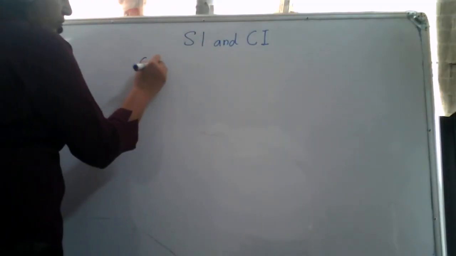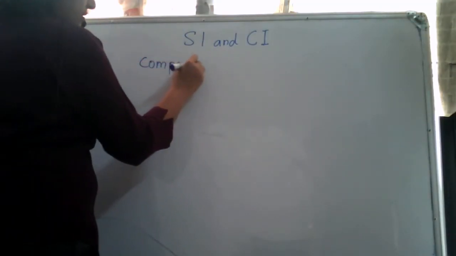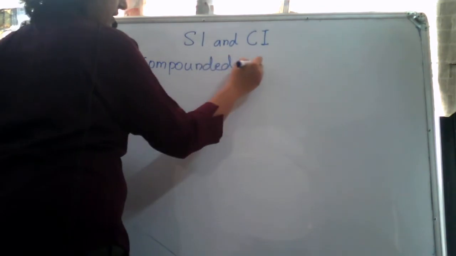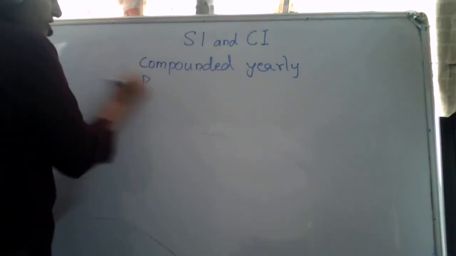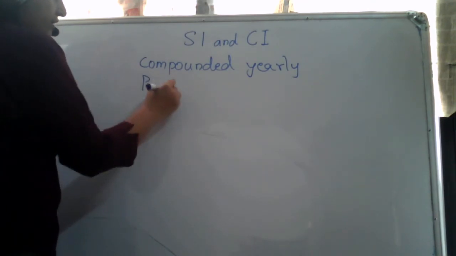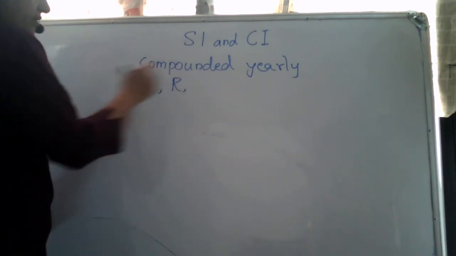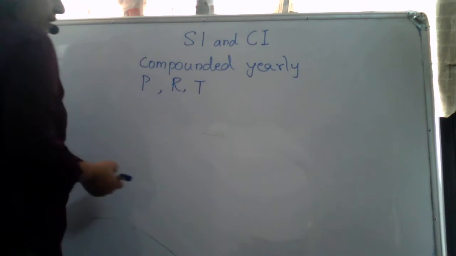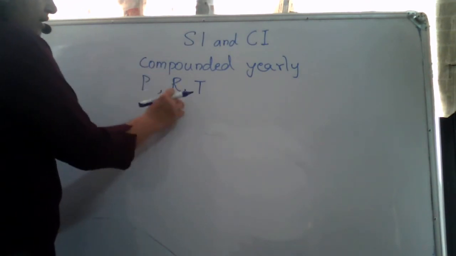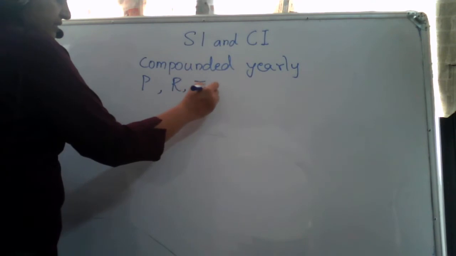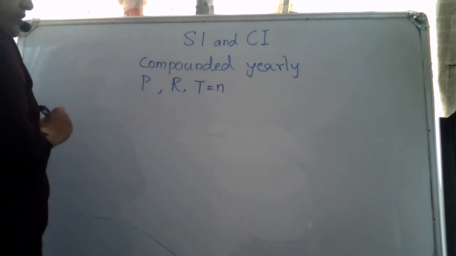So compounded yearly means what? There will be principal given, there will be rate given, there will be time given, which we get as n. So with the help of P, R and time given, which is n here, we can find the amount.